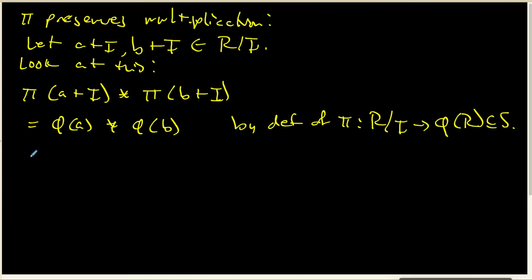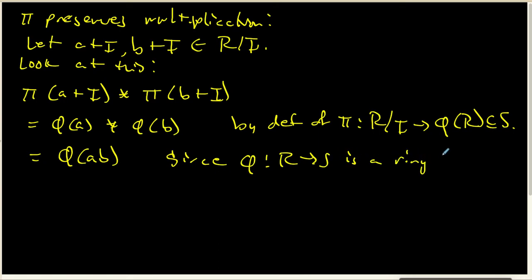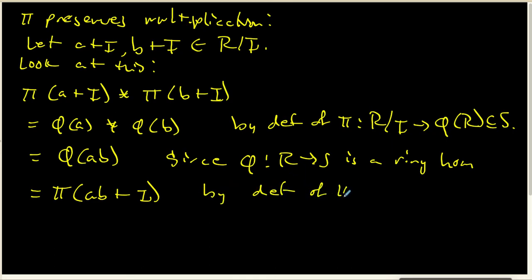And phi itself is a ring homomorphism, and as a consequence, phi of A times phi of B is just phi of AB, since phi takes R into S and is a ring homomorphism. But we can now use the definition of pi again, and phi of AB is just pi of AB plus I, and that's again by the definition of our map pi, which takes R mod I into the image of phi.